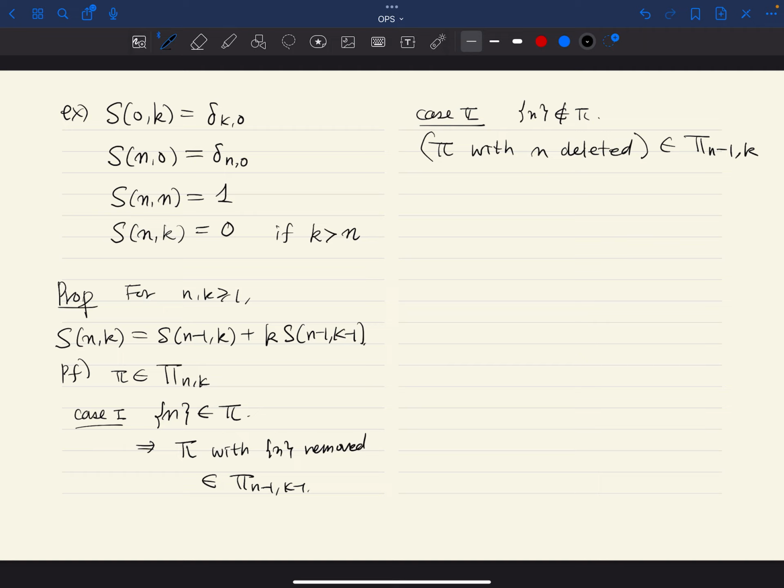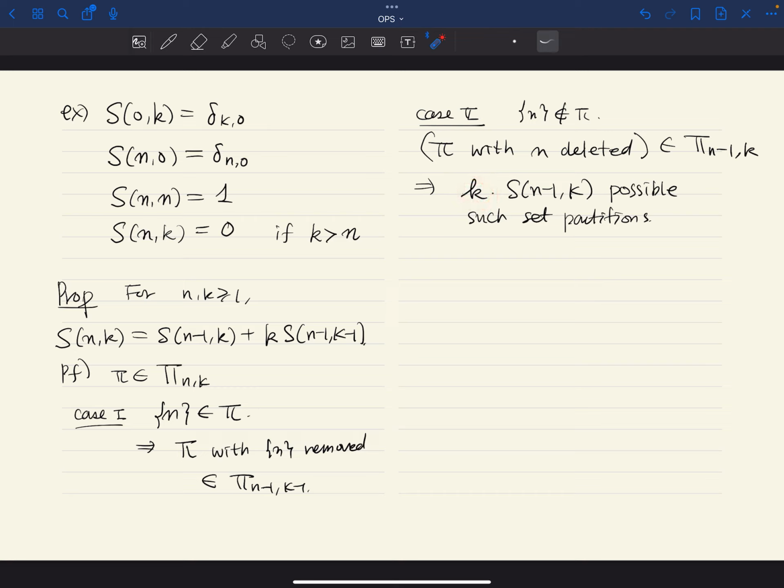If you just add the integer n into one of these blocks, then you will get the original back. So that means there are k times S(n minus 1, k) such set partitions, because each such set partition is always obtained from this by adding n into one of the k blocks. So that's the proof basically.